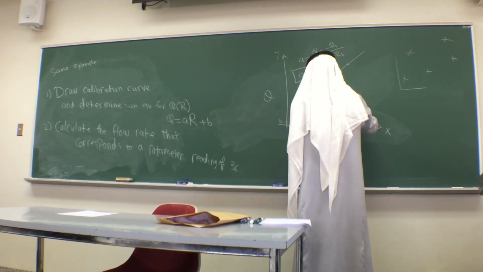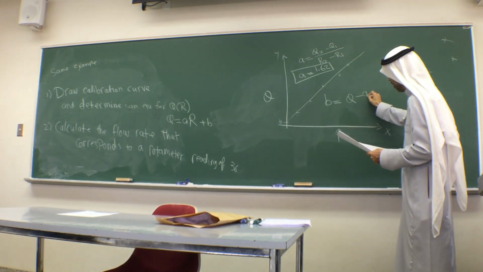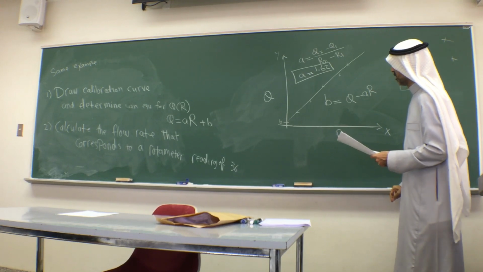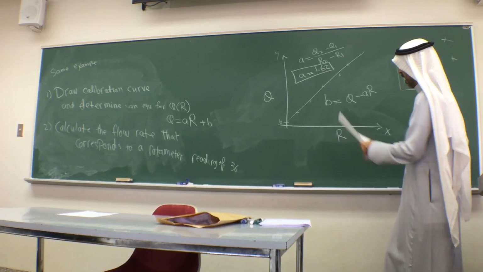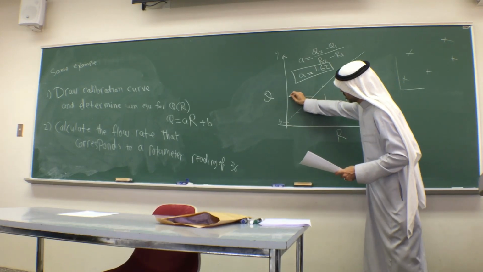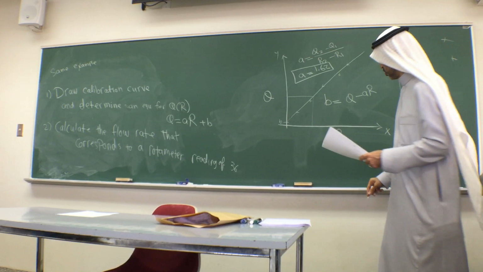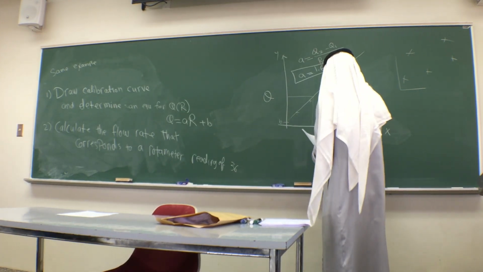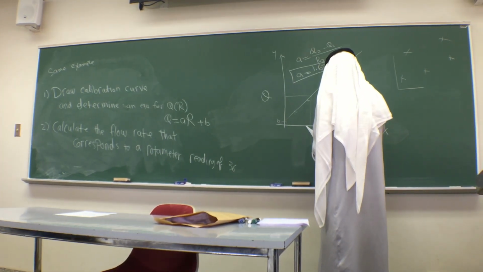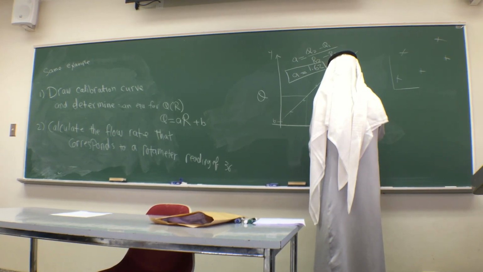Q minus A R. Again, I take one Q from the line and the corresponding R. So B will equal 3.8.